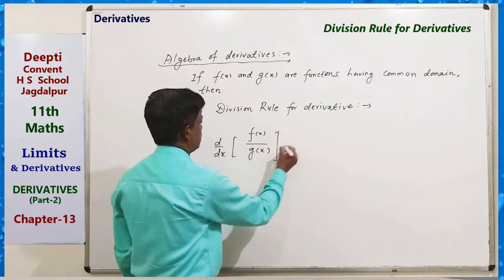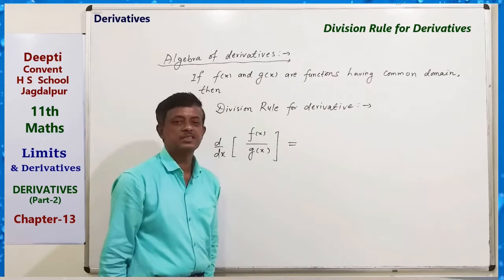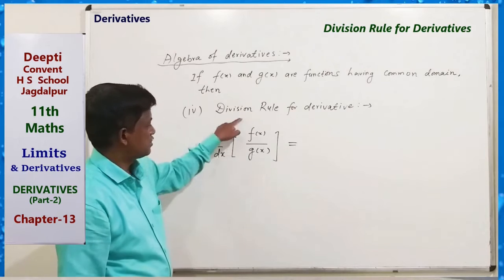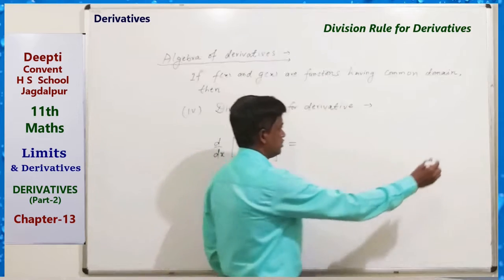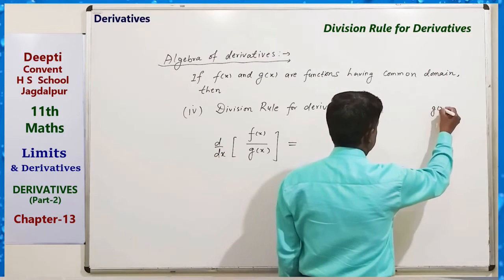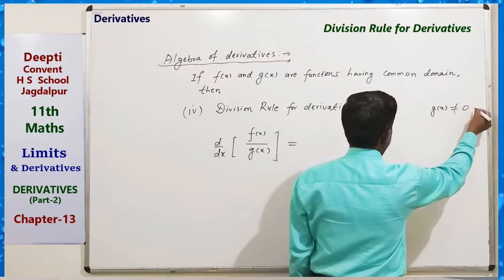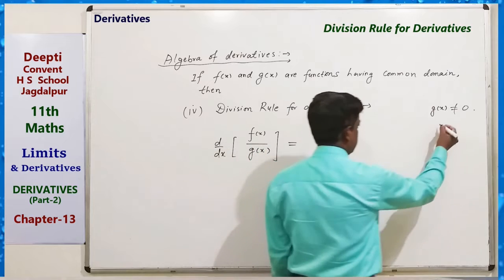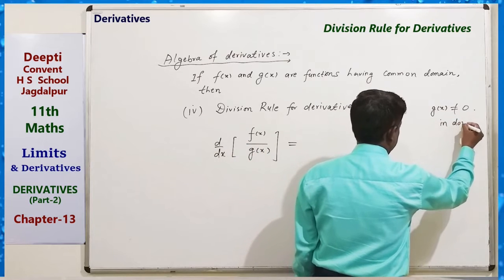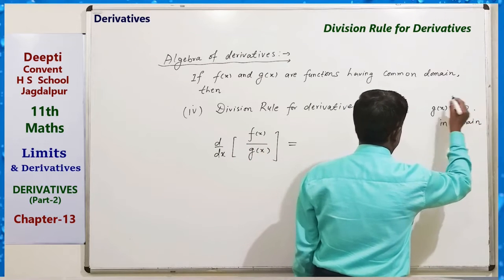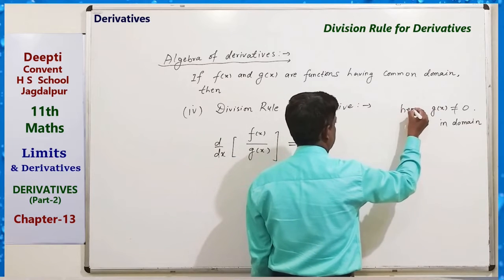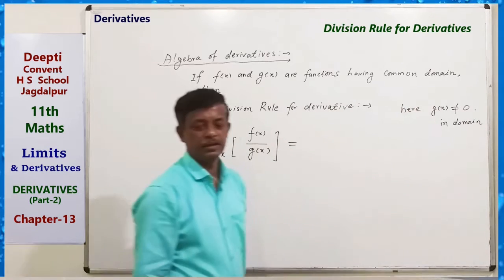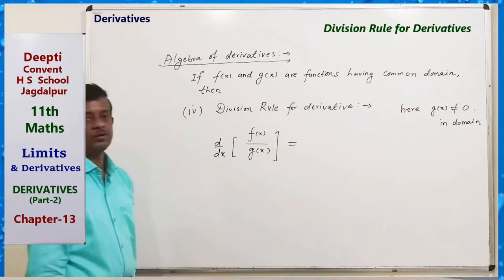Suppose the function is a rational function like this, f(x) by g(x), but g(x) is not equal to 0 in the domain. Clear?